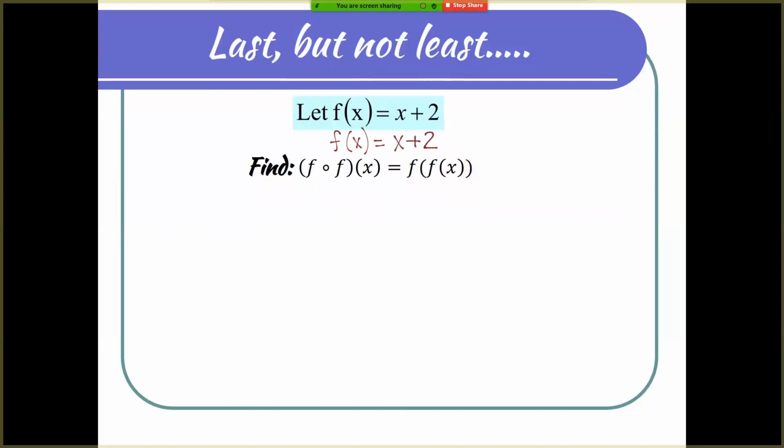And then you're going to take one of the f of x's and plug it into the other one. They're exactly the same, but you're still taking one and plugging it into the other. So if I plug in, I have x plus 2 plus 2. Well, x plus 2 plus 2 is actually x plus 4.